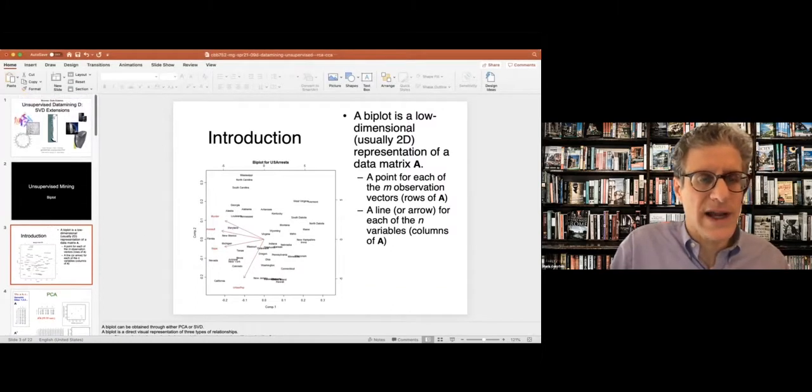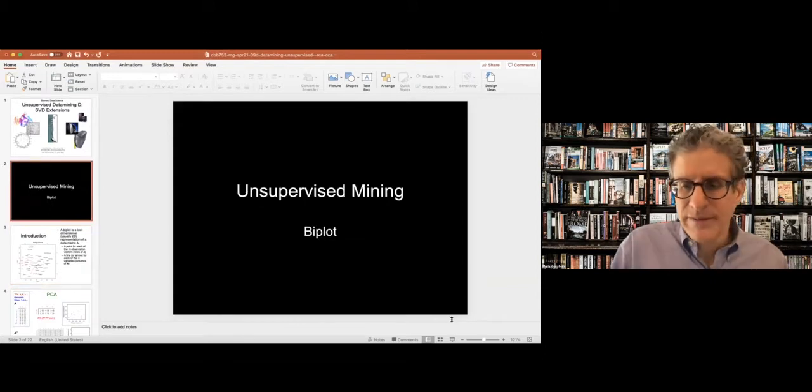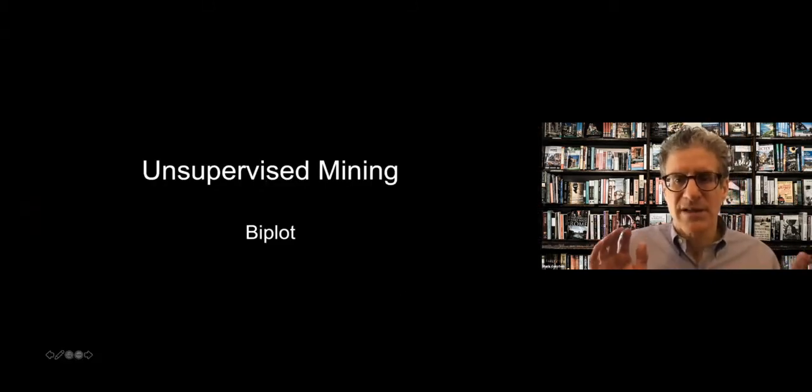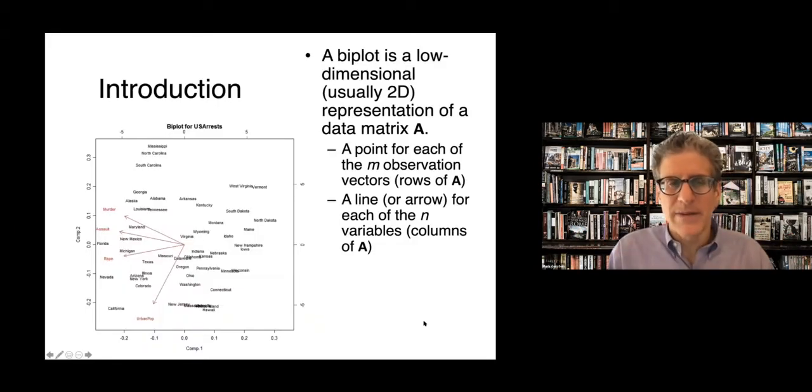Okay, so now let's go back to biplot. Again, we have a data matrix, and just to get some intuition for this, we're going to start with the social science context. We have a data matrix that contains all the 50 states and has the different crimes: murder, assault, rape, and urban pop.